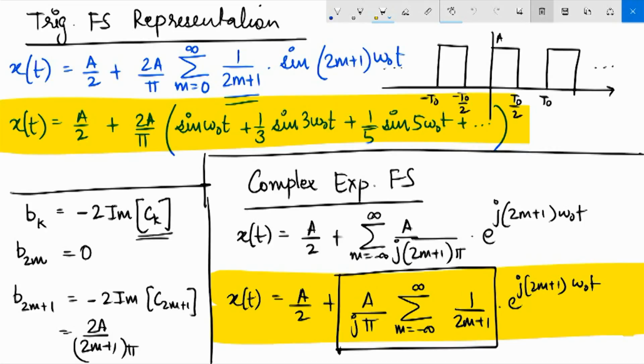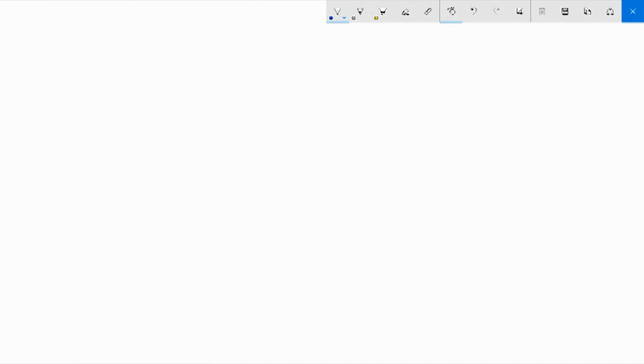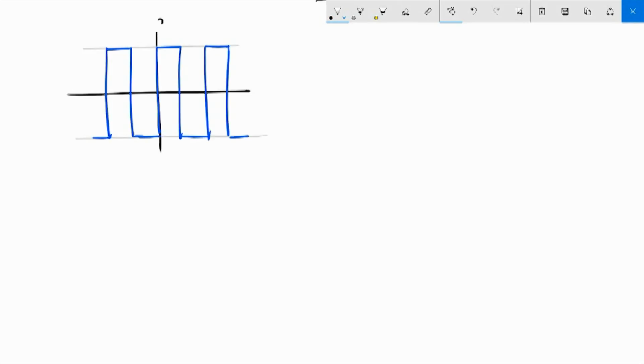Now in your assignment, there is a question that you have to find the Fourier series representation of a wave like this. Let us define this as some x1(t). It is also a square wave, but its amplitude fluctuates between plus a and minus a.